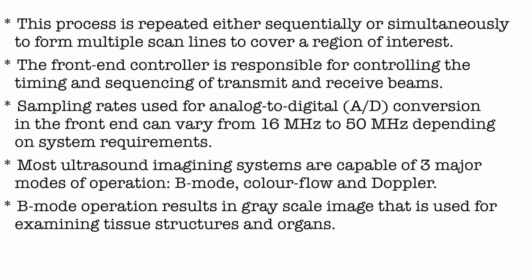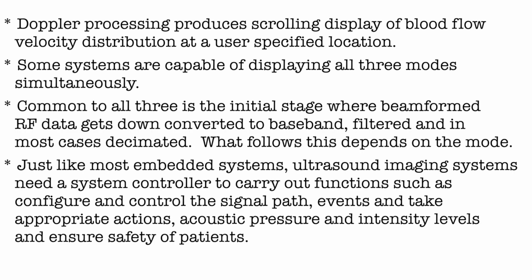Color flow operation results in a color coded display of spatial distribution of mean velocity of blood flow superimposed on grayscale image. Doppler processing produces scrolling display of blood flow velocity distribution at a user specified location.